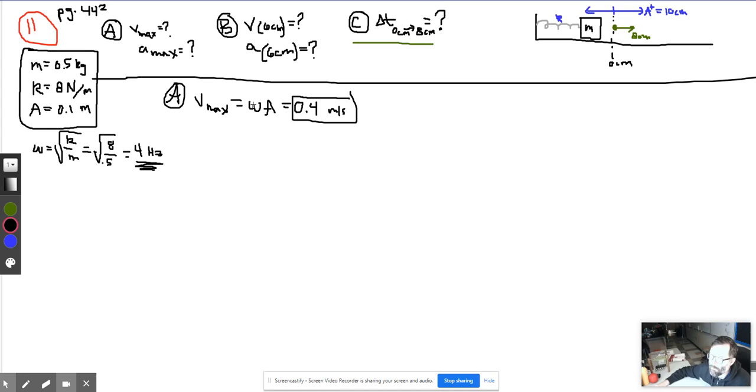And then Amax is just going to be omega squared A. And that's going to be, what? 4 times 4 is 16, times 0.1 is 1.6.